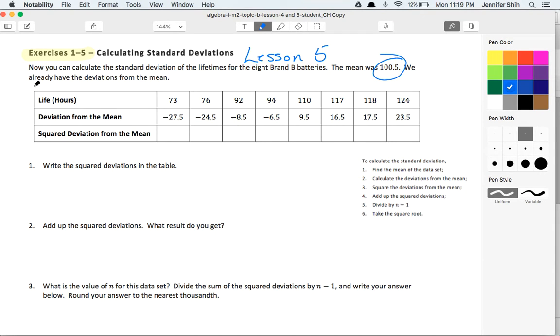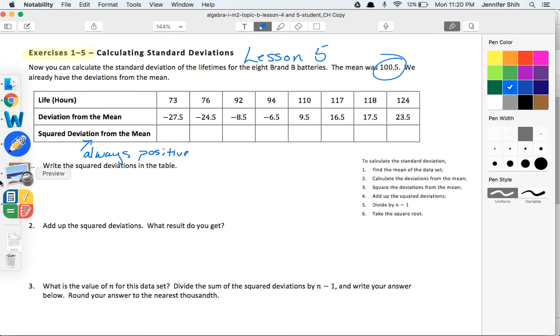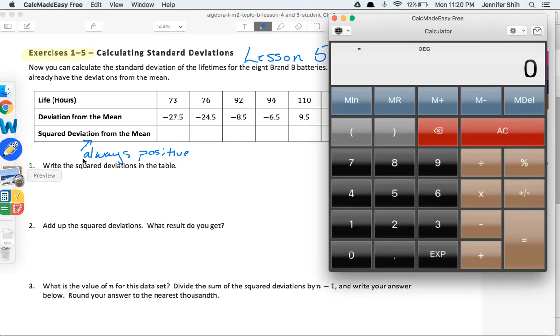Looks like a temperature. We already have the deviations from the mean. Oh, they're so nice. So I'm looking, here's negative, and then here positive values. This squared deviation must always be positive. Always positive. Which makes sense because we're about to square each of these numbers to get positive values.